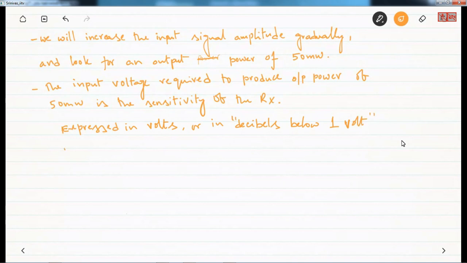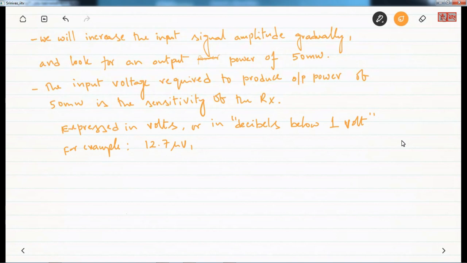Say, for example, the sensitivity can be 12.7 microvolts. This example I have taken from the textbook, the Kennedy textbook. So 12.7 microvolts, and how much is it lower than 1 volt?